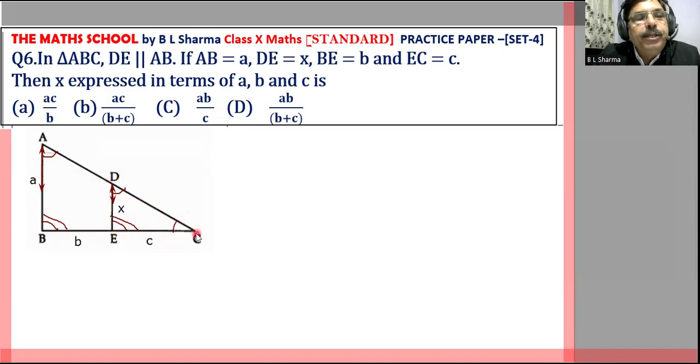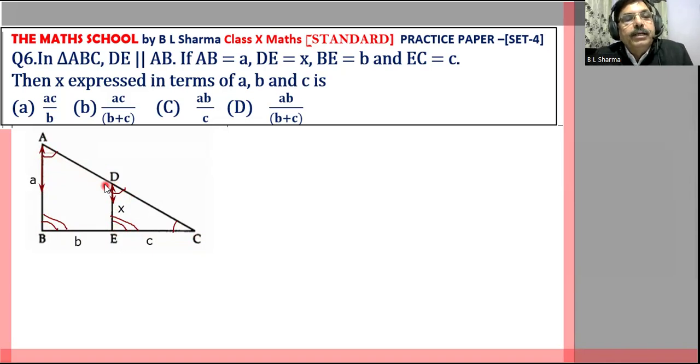Or by BPT, we can say that CE upon BE is equal to CD upon DA is equal to DE upon AB. When two triangles are similar, the ratio of corresponding sides is the same. Triangle ABC is similar to triangle DAC by the angle rule of similarity.